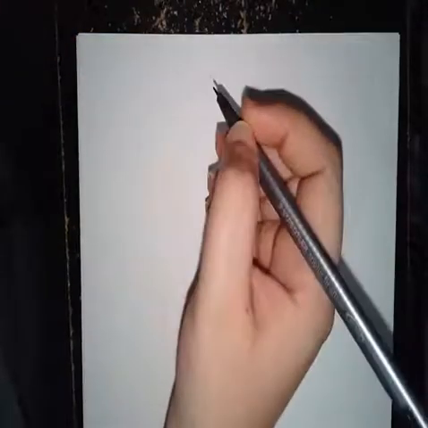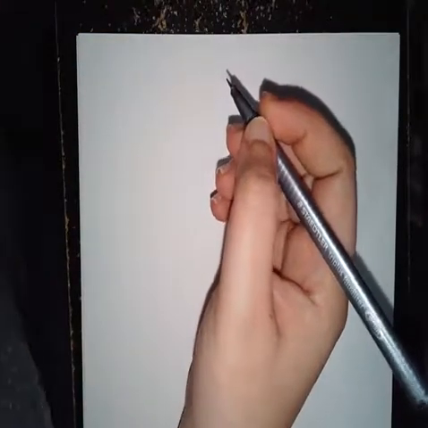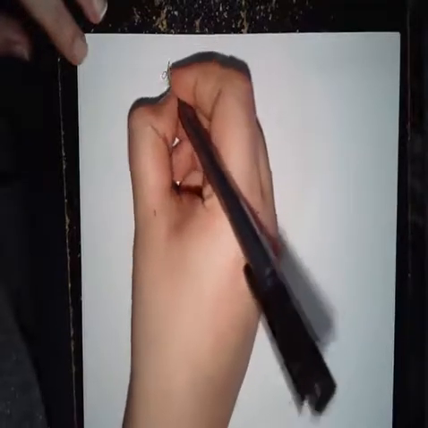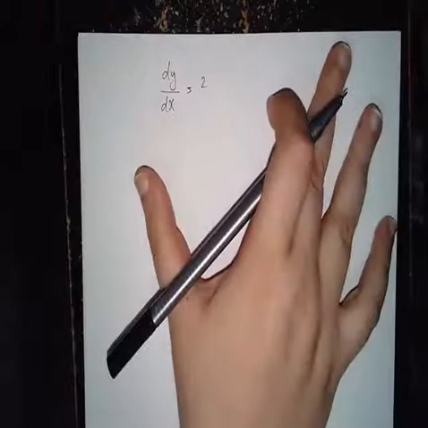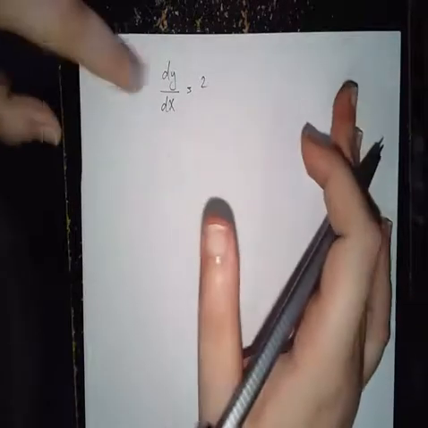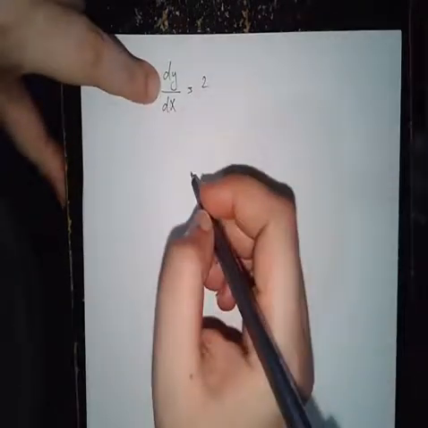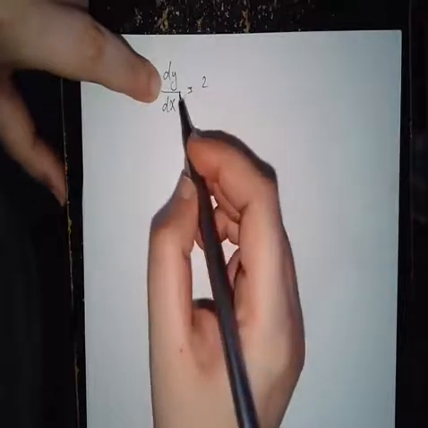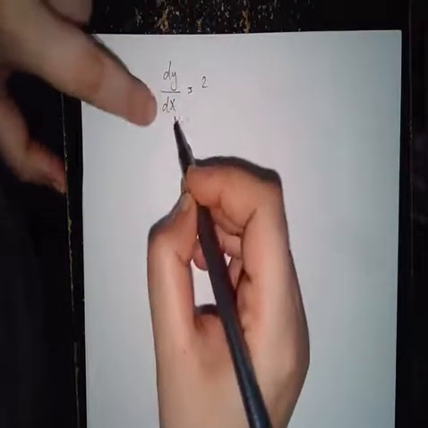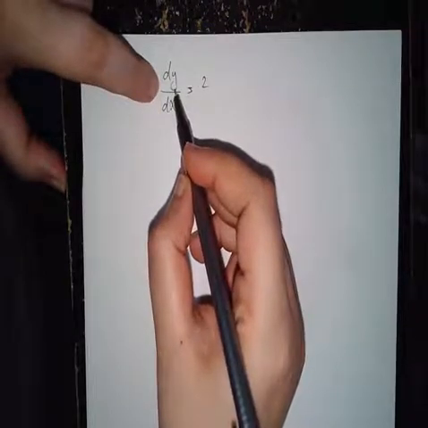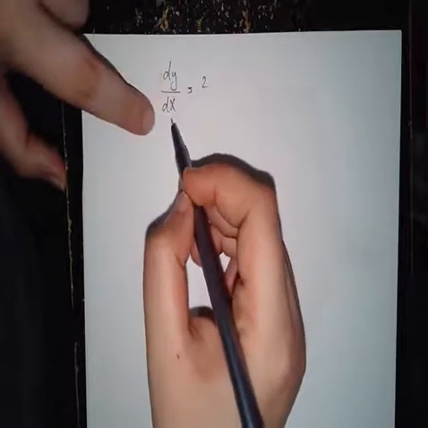Okay. Now, the example says, find the general solution of a differential equation that they gave to you: dy/dx equals 2. That's all. Okay? So dy/dx is basically a differentiation of y divided by differentiation of x, right? So this is a derivative of y in terms of x.